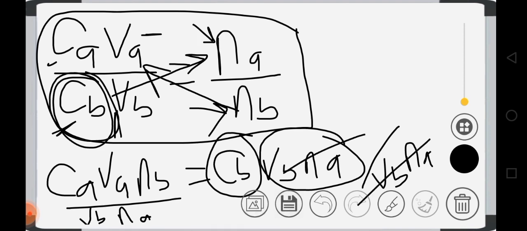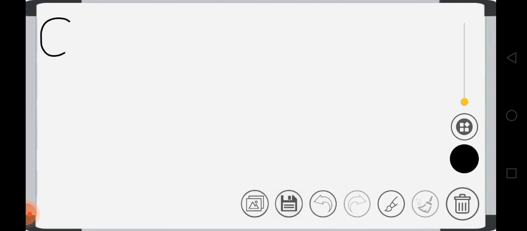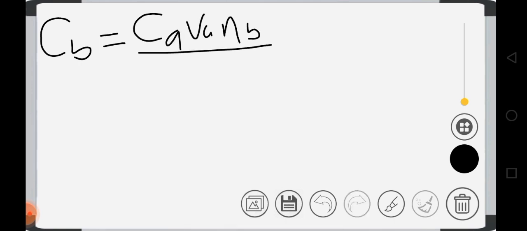This will cancel that, so CB will be equal to CAVANB divided by VBNA. Let me just write it in a clean way: CB equals CA VA NB divided by VB times NA.